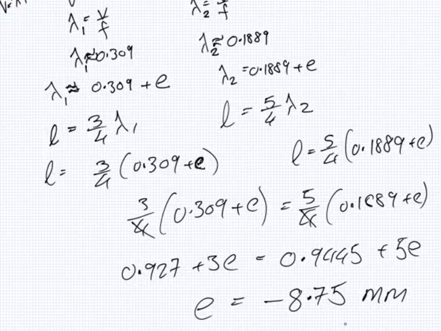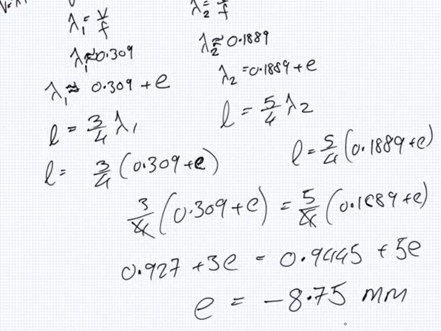3 times 0.309 is 0.927, plus 3E, equals 0.9445 plus 5E. You can just solve this easily.